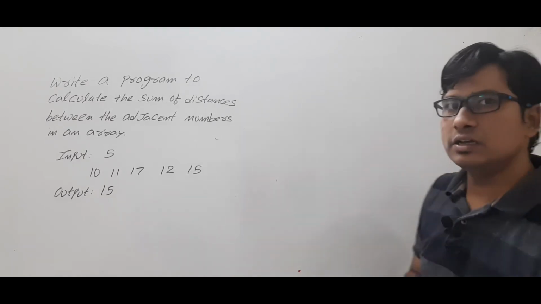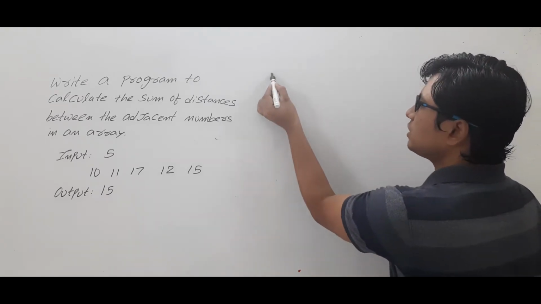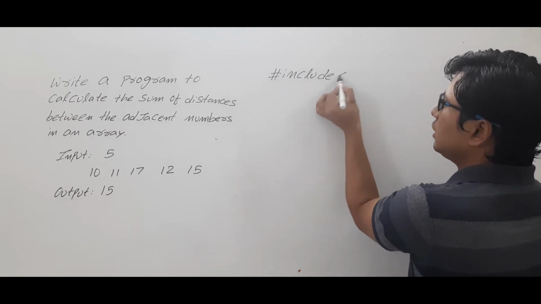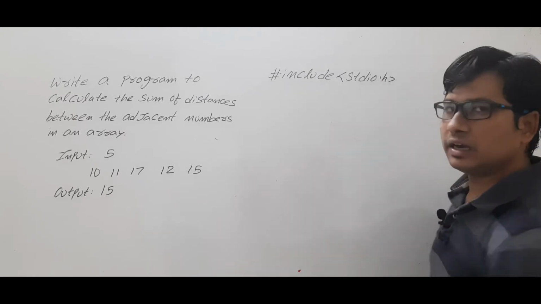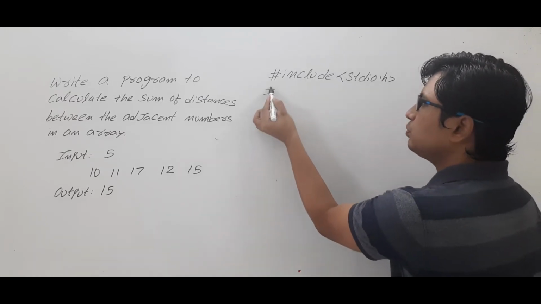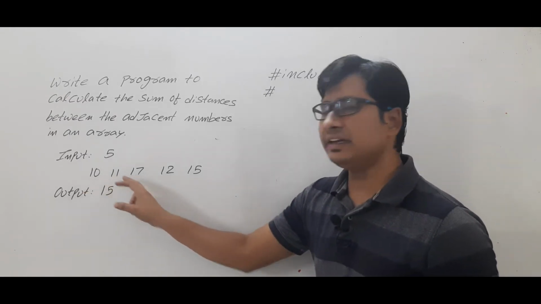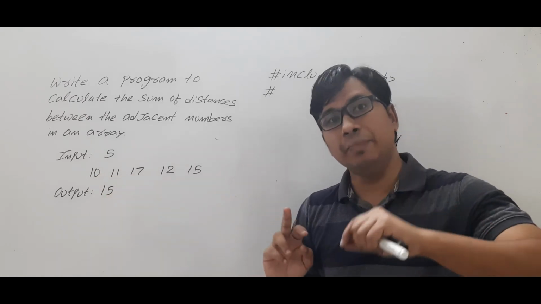Is it clear? As I want to write it in a C program, I need to include the header files. One is stdio.h, which is the standard input output header file, and I want to compute the absolute value. Why? Look here. 10 and 11, if I do the difference, 10 minus 11, I will get minus 1.